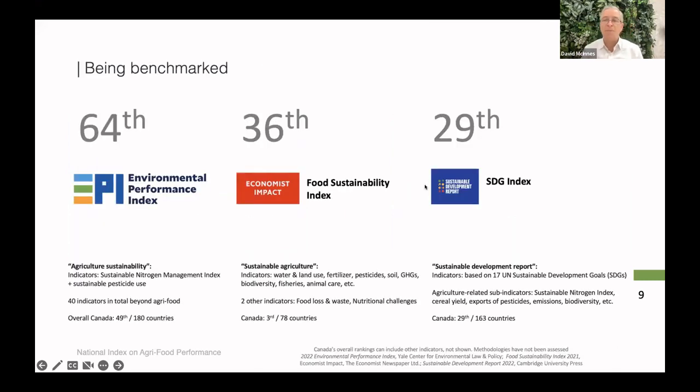However, Canada is being benchmarked. We say we're one of the most trusted food systems on the planet, yet when we look at how we are being measured, you could see that our grade, the first two are specific to agriculture, the third on the SDG is a national measure. You could see that as a G7 country, we don't actually rank in the top 10. Now, we did not do a methodological analysis. I think if we were to dive deep into this, you would see some revealing information about how these are measured.